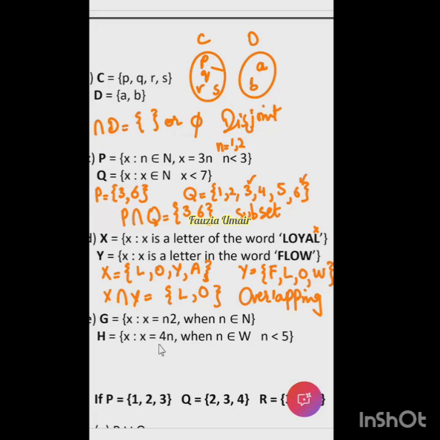So now the next one. Probably this is not N2, this was N square, right? So now let's see. X such that X is equal to N square, where N belongs to natural numbers. So what are the elements of set G? N is basically 1, 2, 3, because it is natural number and so on.